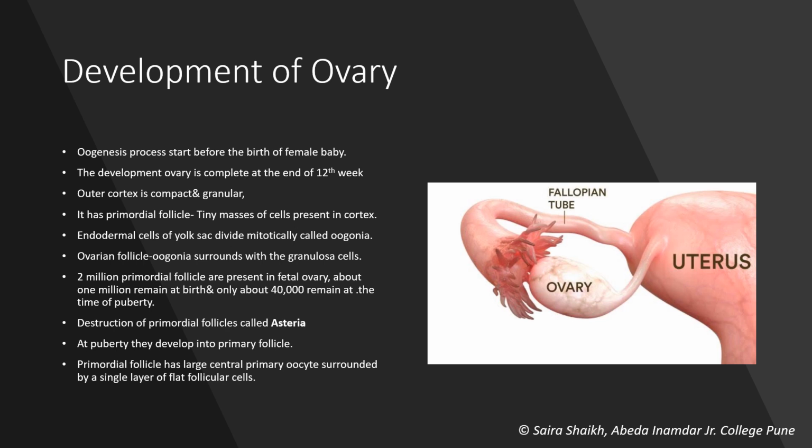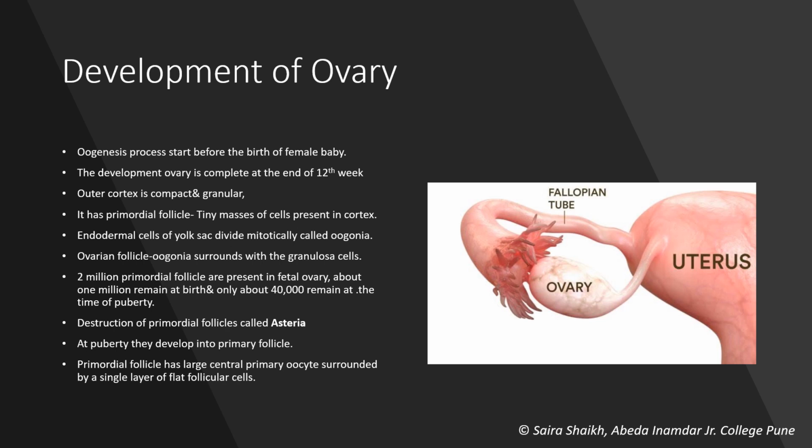There are about 2 million primordial follicles present in the fetal ovary. About 1 million remain till the birth of the female child, and only 40,000 follicles remain at the time of puberty.